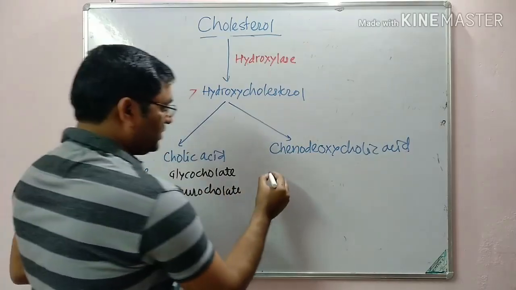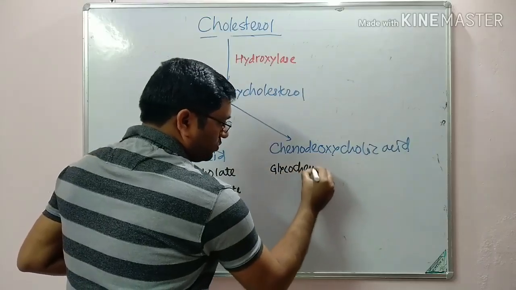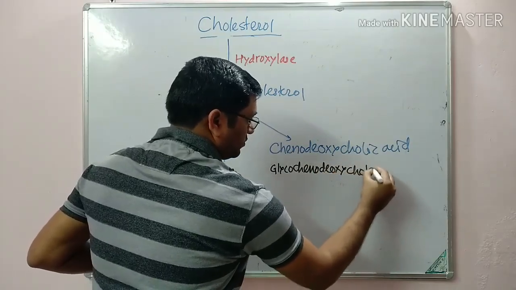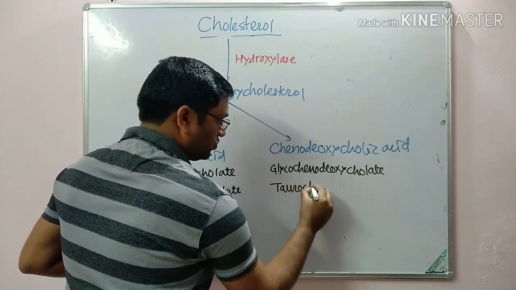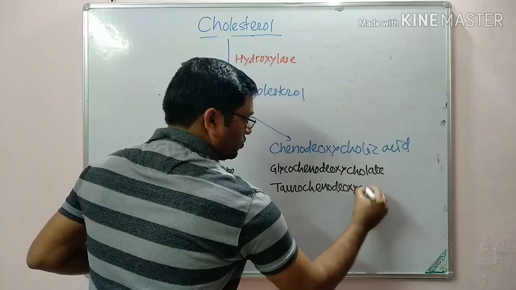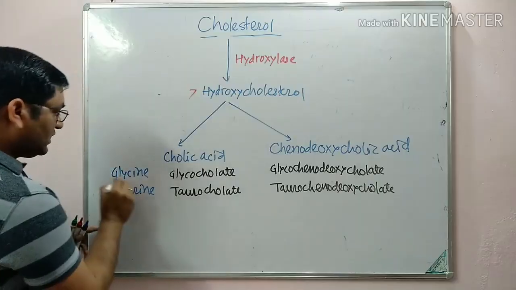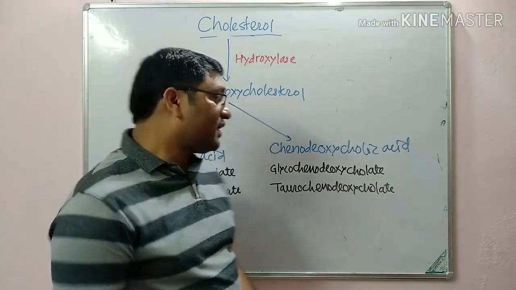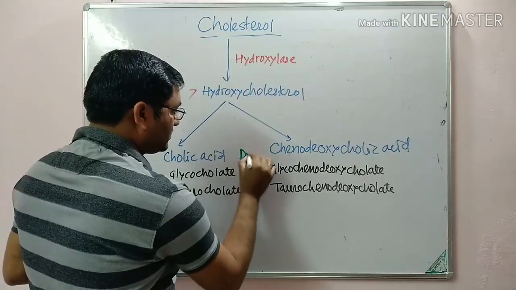Similarly here, it gives glycochenodeoxycholate or taurochenodeoxycholate. So these substances, after conjugation with glycine and taurine, are known as primary bile acids. So these are the primary bile acids.